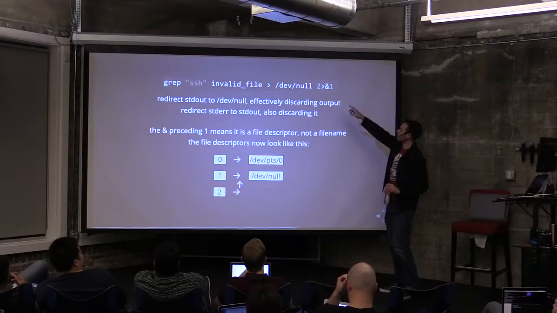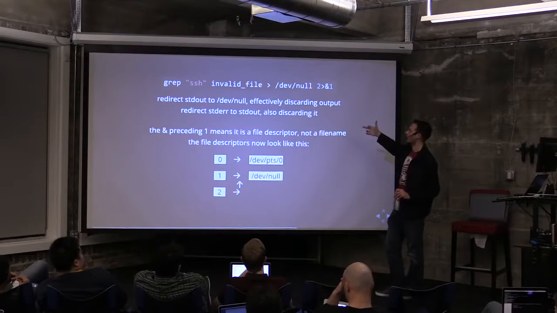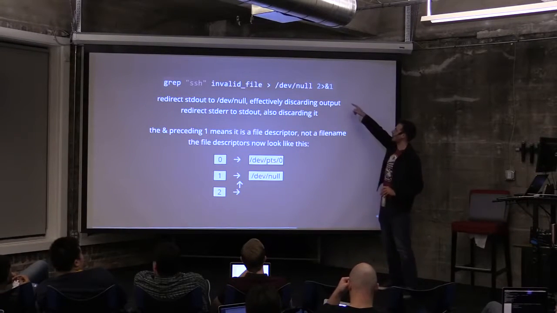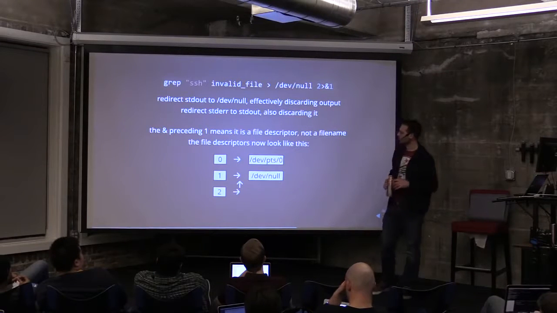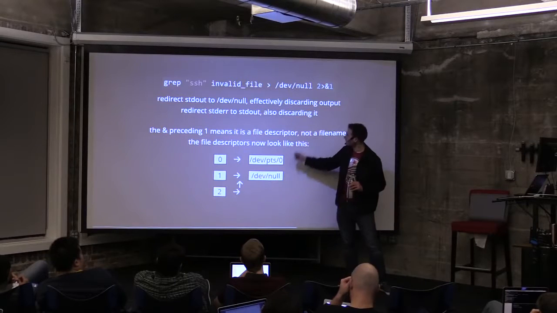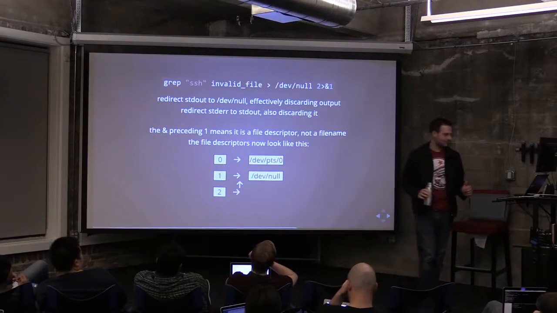If you were to just say 2>1, then it would take standard error and write it to a file named 1. In order to say that you're referring to a file descriptor instead of an actual physical file, you have to precede it with an ampersand. So that would take 2, which is your standard error, and send it to the same place as 1, which is /dev/null. Cool? All right.